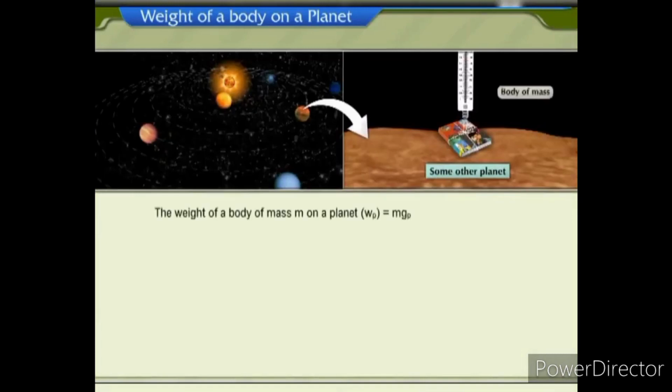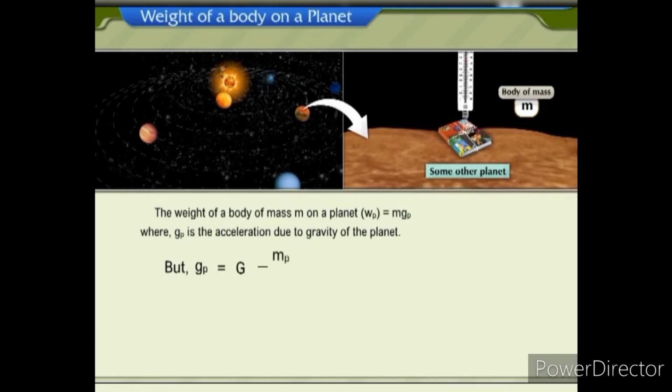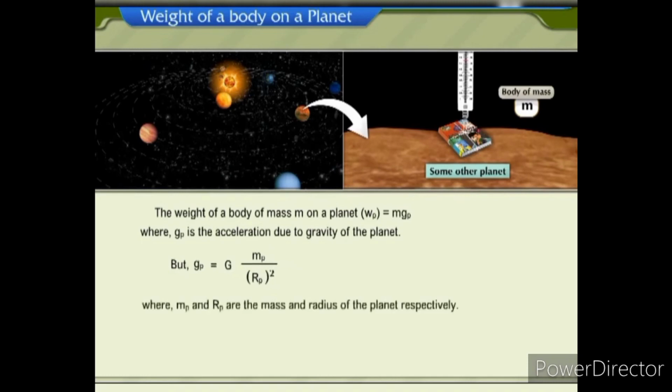The weight of a body of mass m on a planet, Wp, is equal to m gp, where gp is the acceleration due to gravity of the planet. But gp is equal to G Mp upon Rp the whole squared, where Mp and Rp are the mass and the radius of the planet respectively.